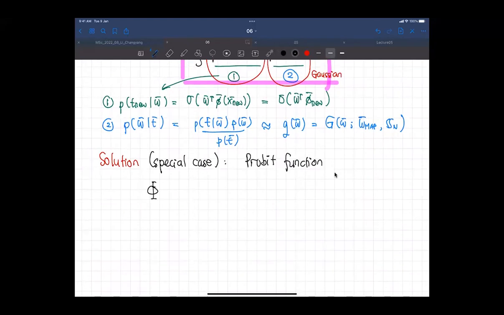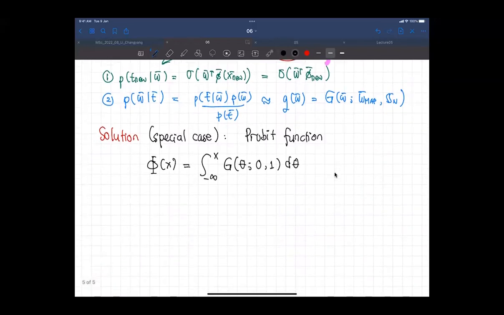For a variable x, the probit function of x is the integral from minus infinity up to x of the Gaussian of theta with mean 0 and variance 1, d theta. This is called the probit function.